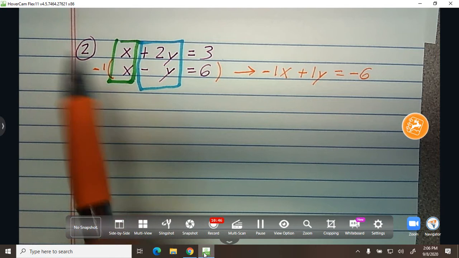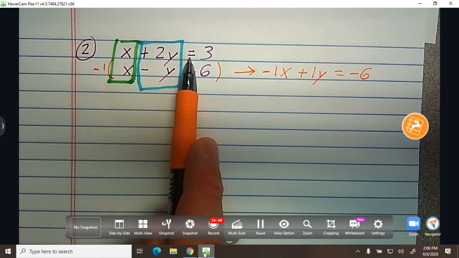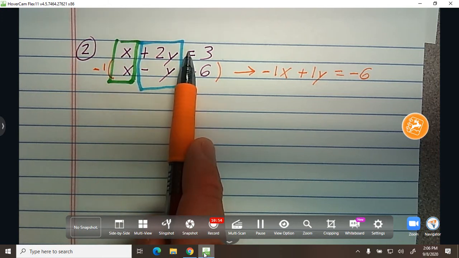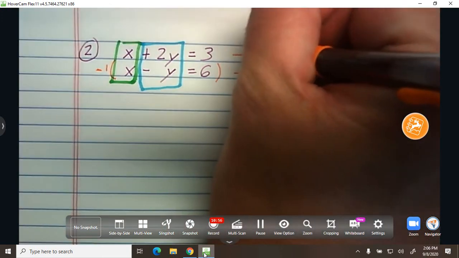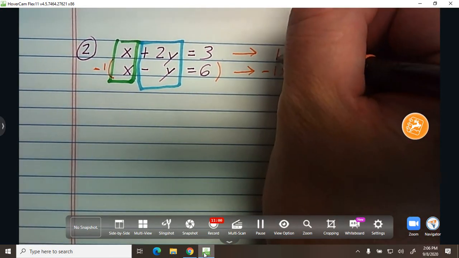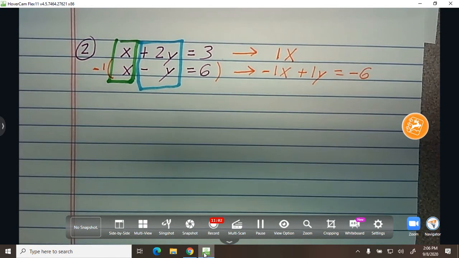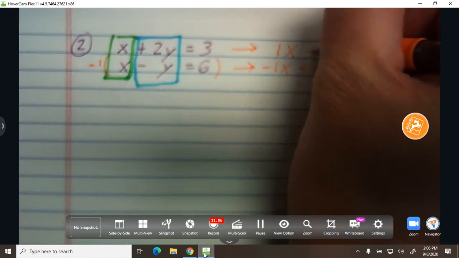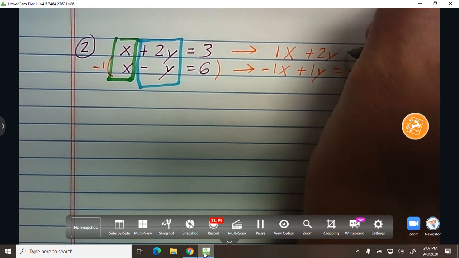Sometimes you also have to multiply the first equation by something too. Also, I should say also, not too. In this problem, you don't have to. So this one I'm just going to pull over. I have x. I'll put a 1 there. Some kids it helps to put a 1, but x and 1x are the same thing. And then here's 2y. And that's 3.